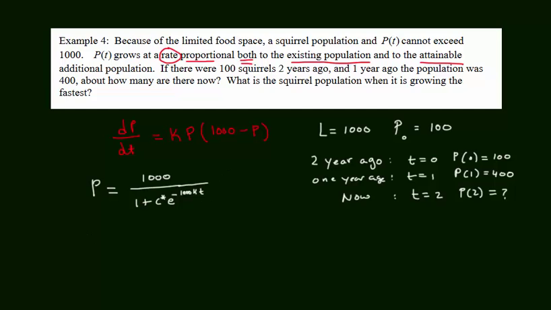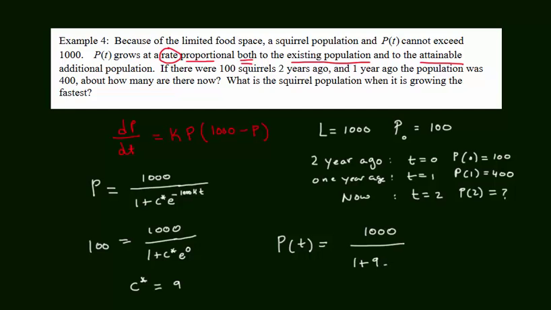We'll use the condition to solve for C star. So 100 equals 1,000 over 1 plus C star e to the 0. That's going to give us C star equals 9. I'll update our equation. P of t equals 1,000 over 1 plus 9 e to the negative 1,000 k t.